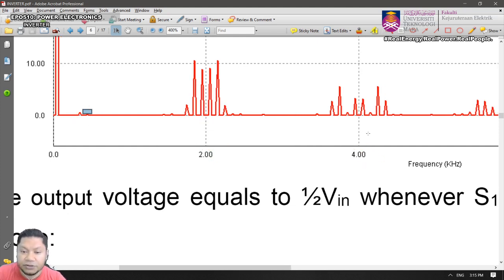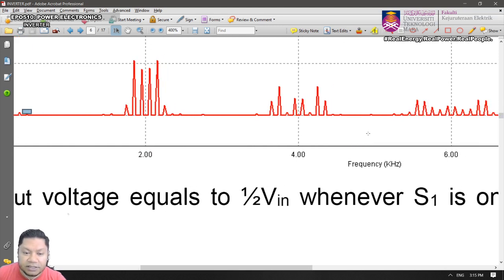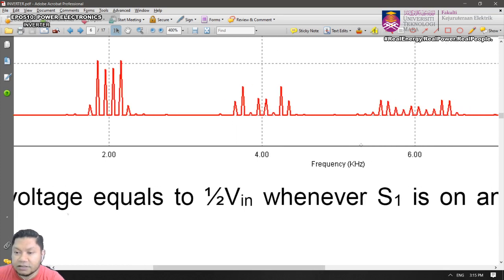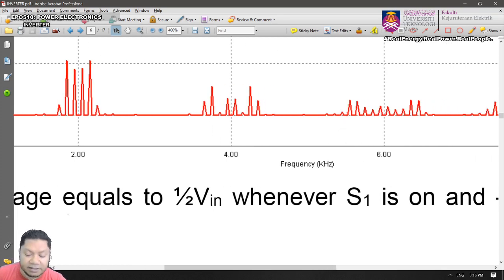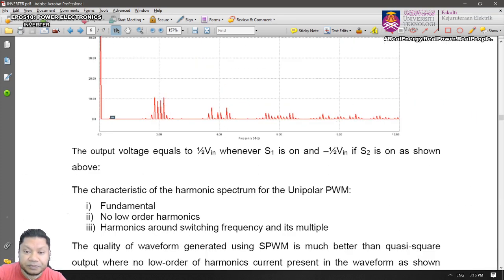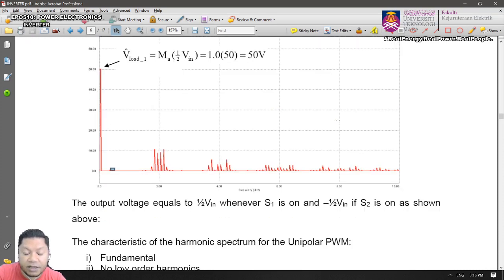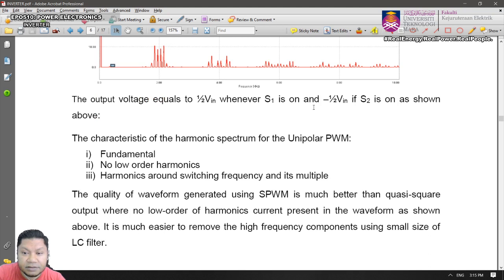It only exists around 2 kilohertz and then 4 kilohertz and 6 kilohertz. That's the only harmonics that exist for the pulse width modulated signals. Okay, so that is the characteristic of the harmonic spectrum: fundamental.